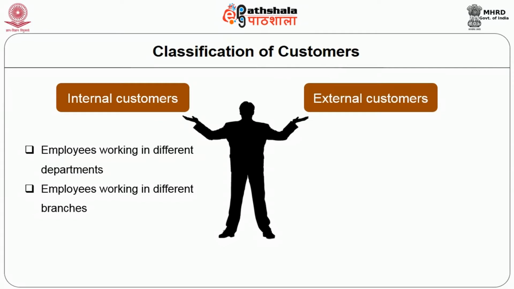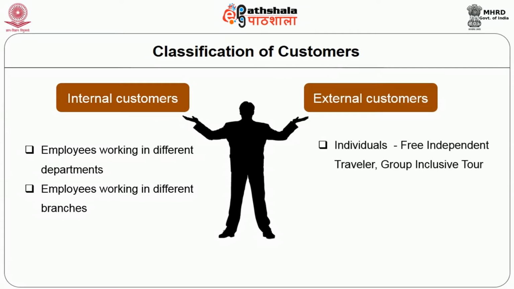The external customers refer to all individuals, which we call free independent traveler, shortly noted as FIT, and group inclusive tour, shortly noted as GIT, and also the guests from the corporates, that is the companies. All these guests, including those from travel agents, will be classified as the external guests who come and use our products and services.